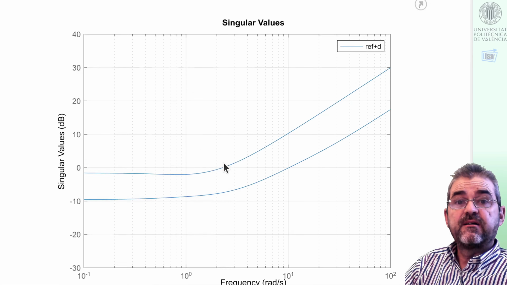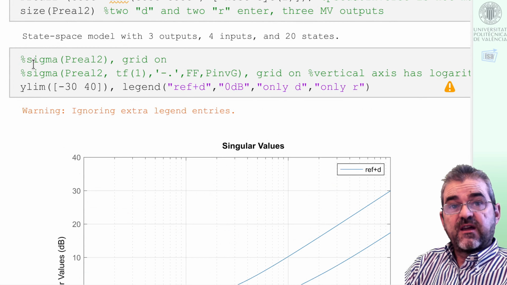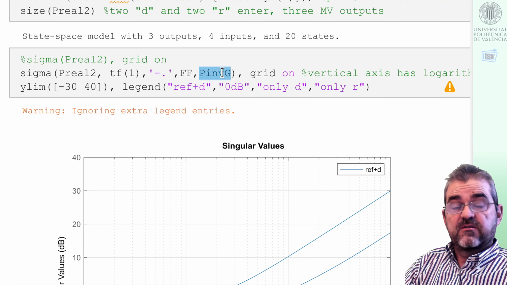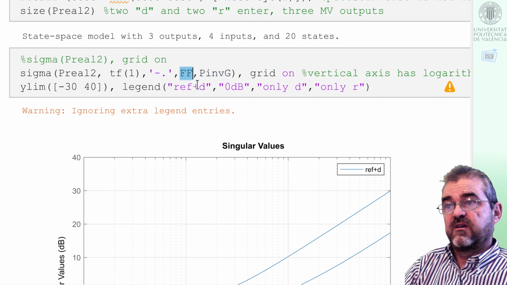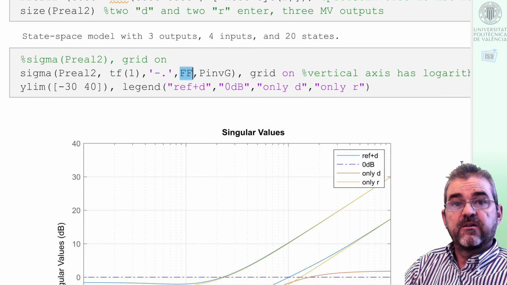In order to compare, we will superimpose the combined set point and disturbance control demand with the only set point pseudo inverse of G and only disturbances, the FF feedforward 1 we computed earlier on in this video.